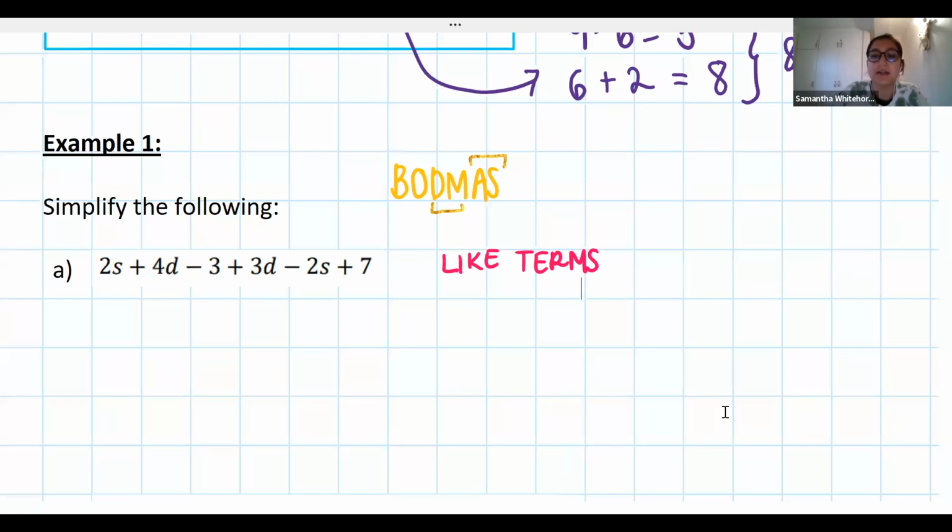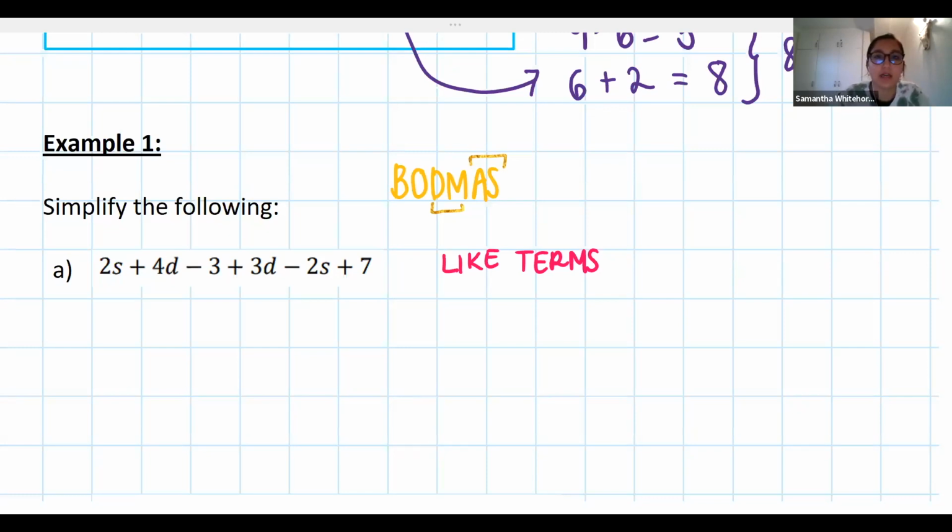You have to add like terms. So remember, guys, like terms are terms that have the same variables and exponents to them. When we start to deal more with exponents, we'll obviously chat about that a bit more. But like terms are ones that have the same variable, so the same letter and the same exponent.